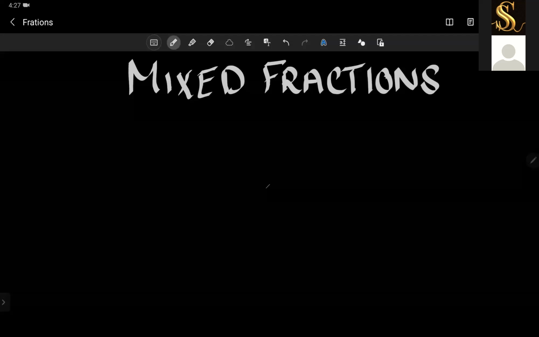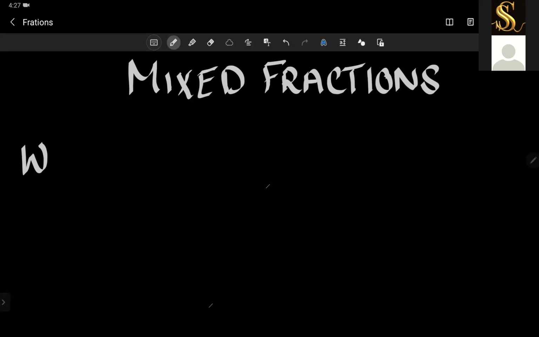Our next type of fraction is mixed fractions. Now what is a mixed fraction? A mixed fraction is where we have a whole number and the fractional part represented. So this is the format of a mixed fraction. So let's see an example. The example can be 2, 1 upon 3.